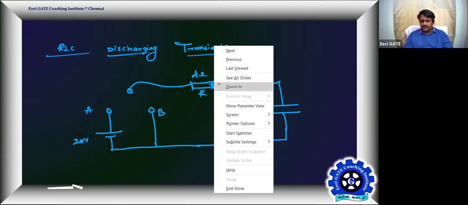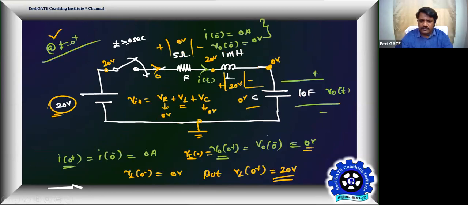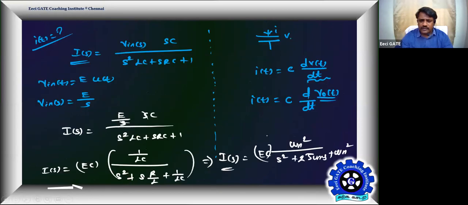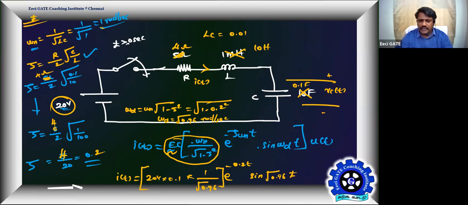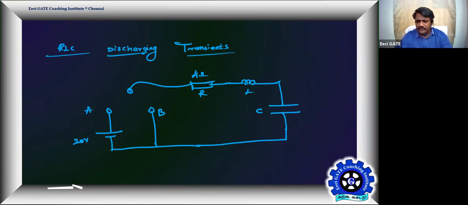L is equal to 10 Henry, and C we used is 0.1 Farad. That has given omega n equal to 1 radian per second natural frequency, and zeta equal to 0.2 in the given circuit.